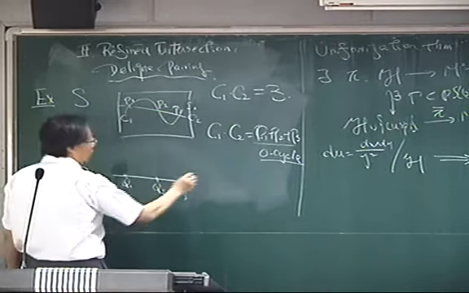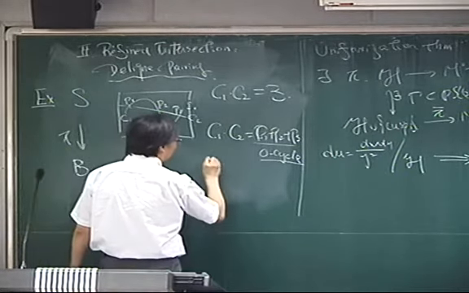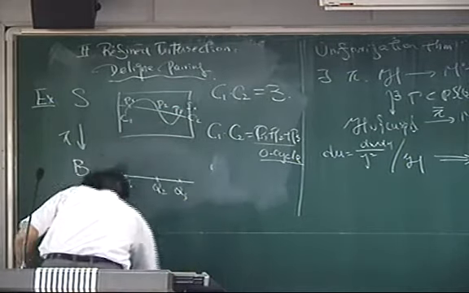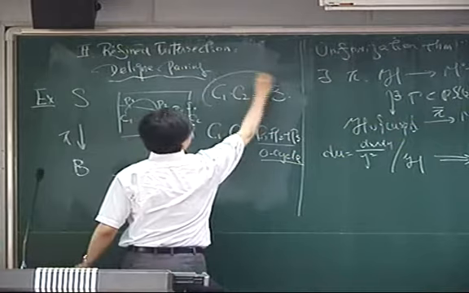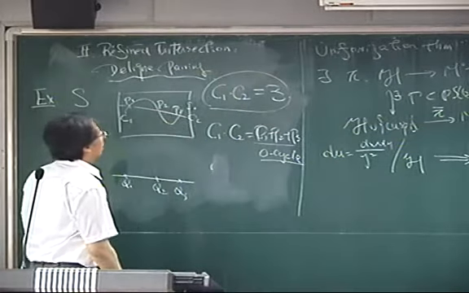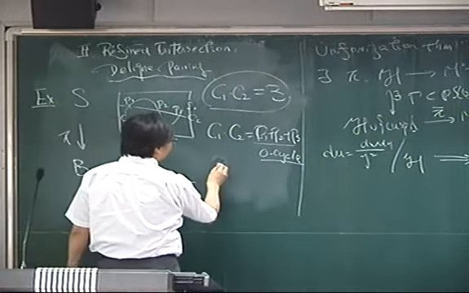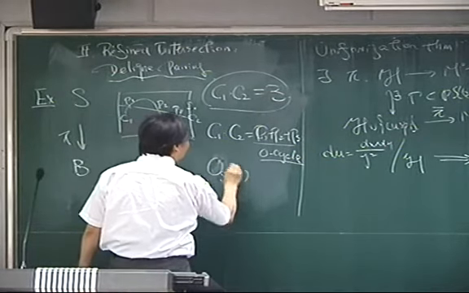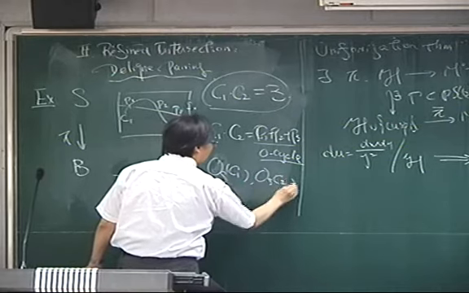The reason is that I can define C1 dot C2 as follows. I have C1 and C2, so I get two line bundles, O_S(C1) and O_S(C2).